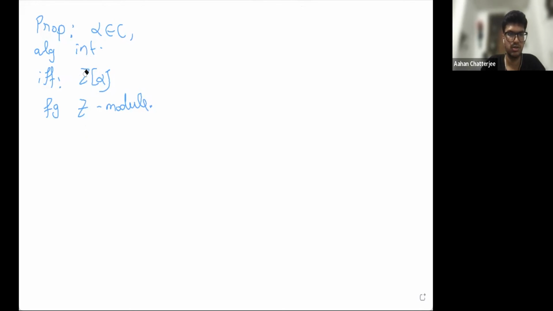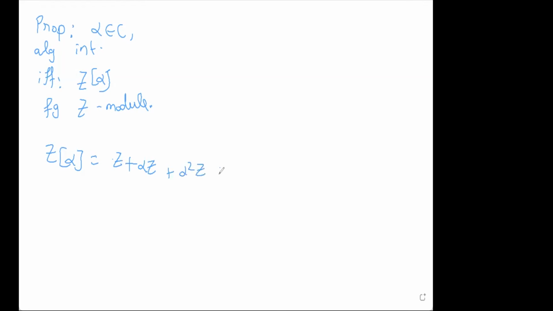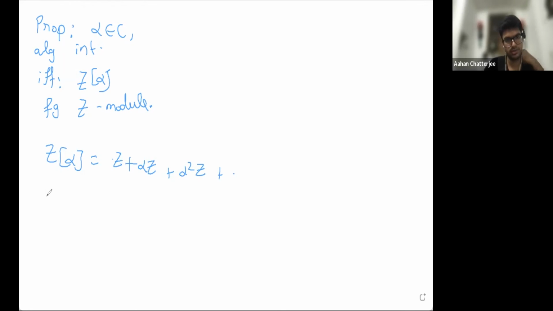So one direction is pretty easy. When alpha is an algebraic integer, then Z[alpha] is Z plus alpha Z plus alpha squared Z and so on.